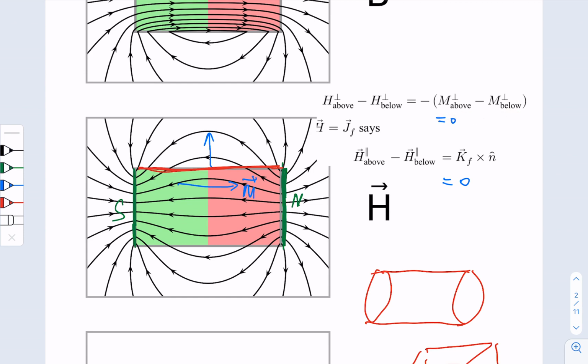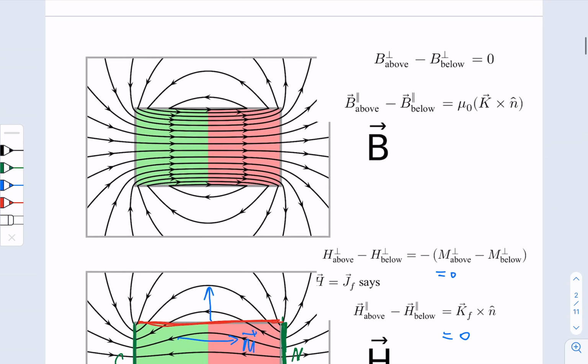So the H field near the edge over here is discontinuous. As you can see, the field here is pointing to the left, while over here it is pointing to the right. This discontinuity is given by this M perpendicular.